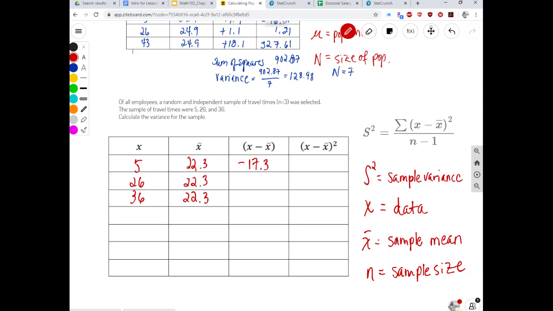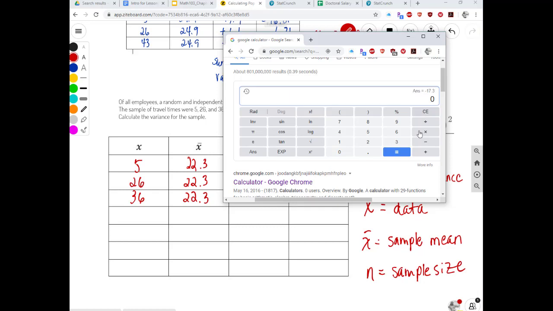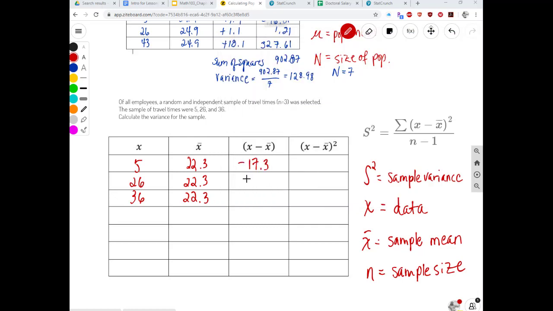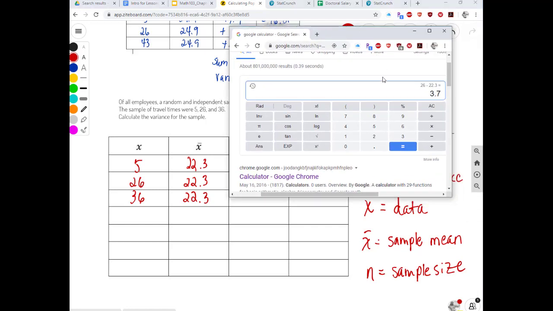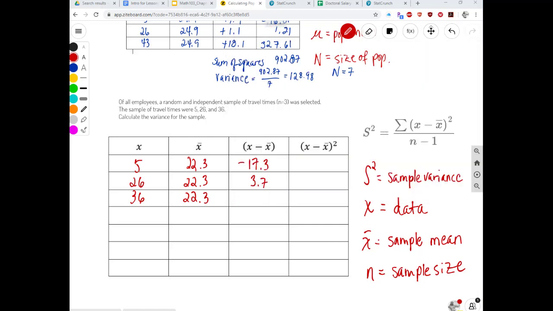Okay, this next one, 26 minus 22.3, and I get 3.7. Here I've got 36. 36 minus 22.3 equals 13.7.